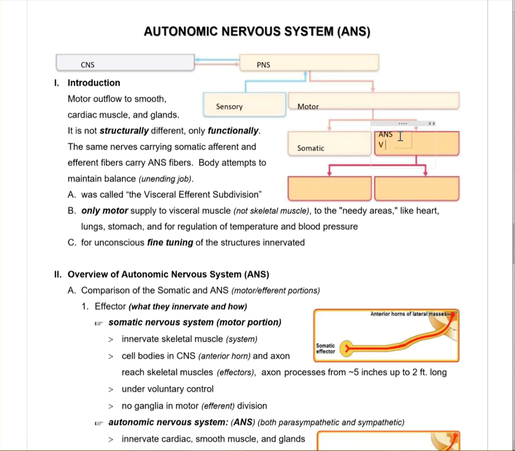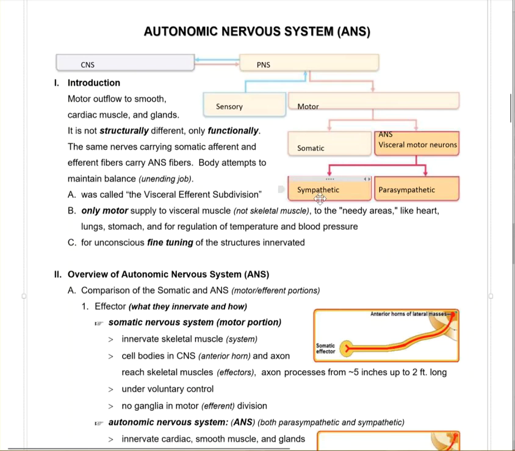And we can also say visceral motor pathway or visceral motor neurons are part of this, okay? And then the ANS is divided into the sympathetic and into the parasympathetic, which we'll talk about in more detail in a little while.